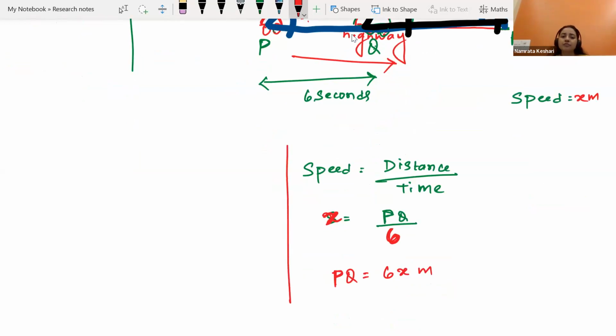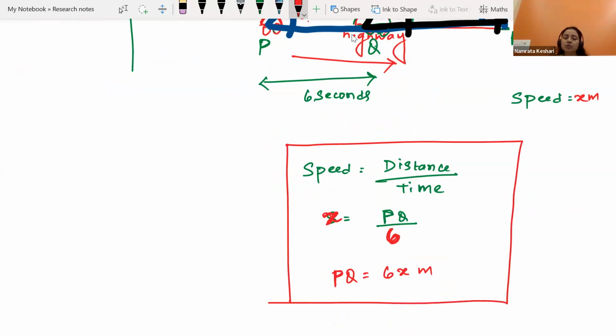Can we say that from the given information, can we do this much? Speed is equals to distance by time. A uniform speed is there. What is the speed? We don't know. Let's call it x. Distance, we are talking about the distance from P to Q. To cover this much distance, the car has taken 6 seconds.